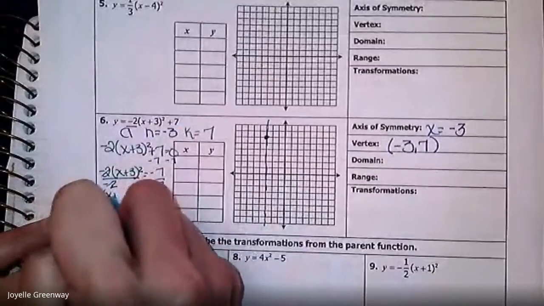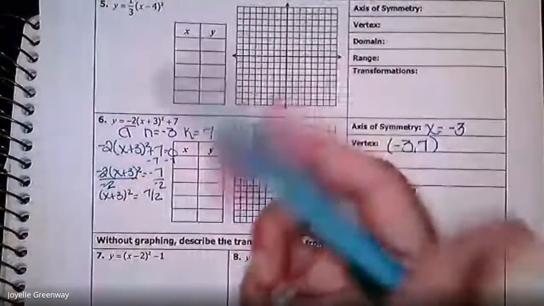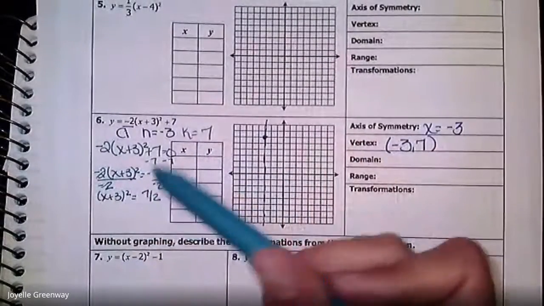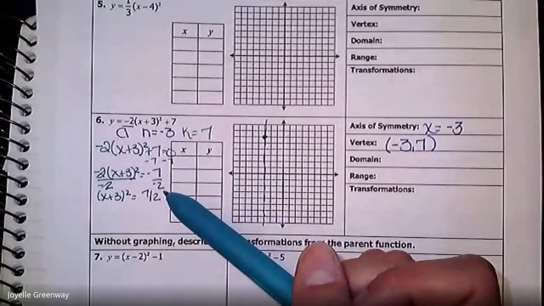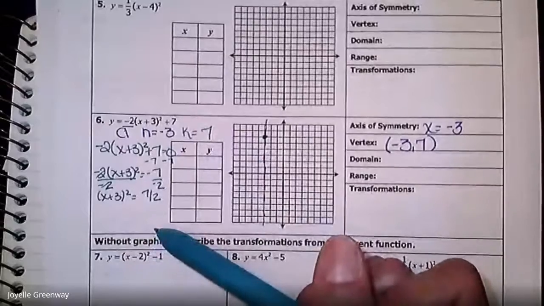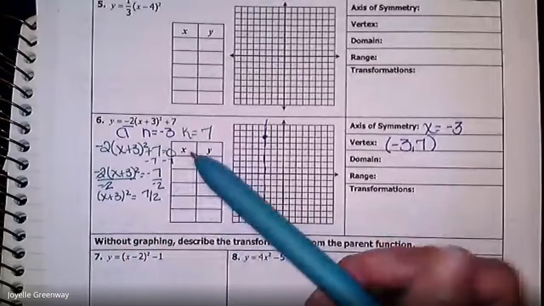Then I get (x plus 3) squared equals 7 halves. So if I were to take the square root of 7 halves in order to solve, I'm going to have an irrational number. So that means my roots are also irrational. So I'm not going to try to solve this any further because it's not going to help me graph.